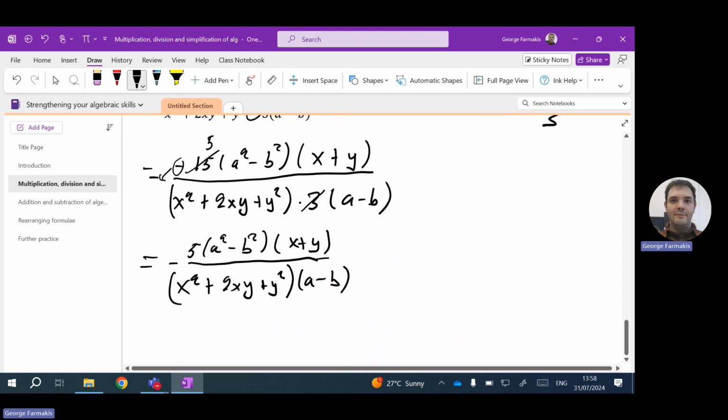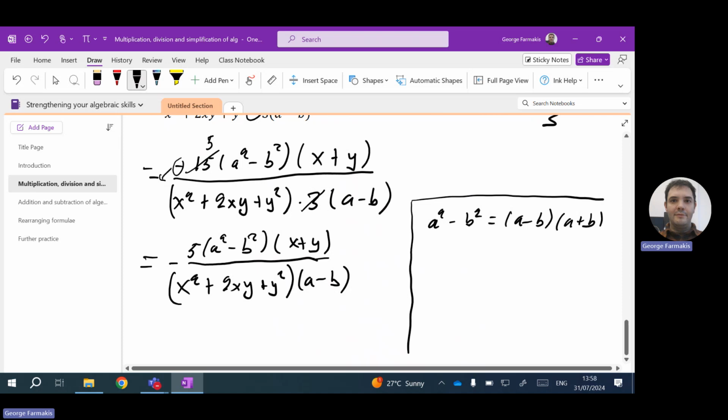Can we simplify any terms here? Although it's not very obvious, but if we use some algebraic identities, so recall that a to the square minus b to the square is equal to a minus b times a plus b.